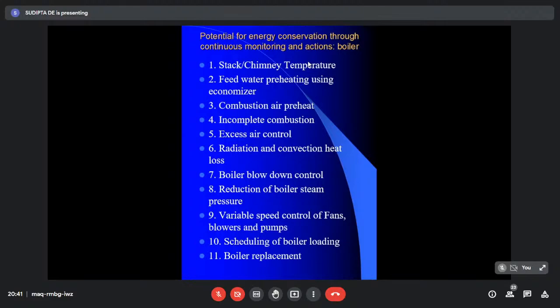It can be a complete combustion, it can be an incomplete combustion, as well as heat transfer between flue gas and water.